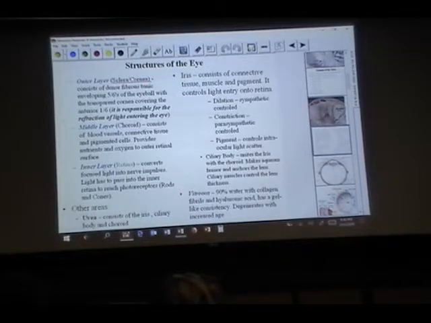So the ciliary body is a muscle. It's a smooth muscle ring around the surface of the lens of the eye, and it has little tiny thin ligaments that interconnect to the outer border of the lens of the eye.